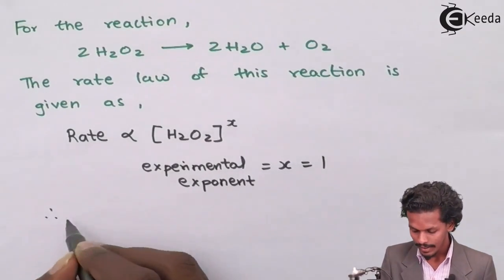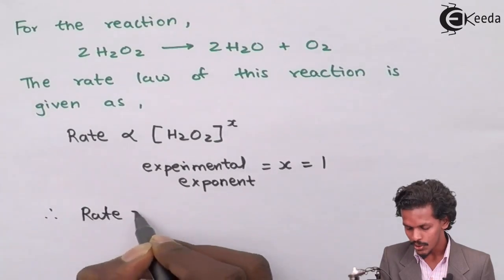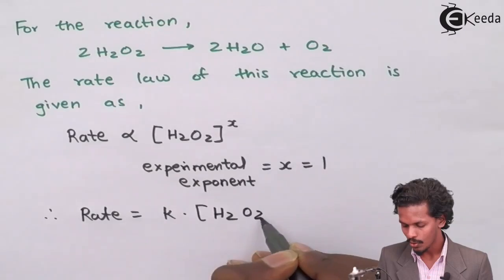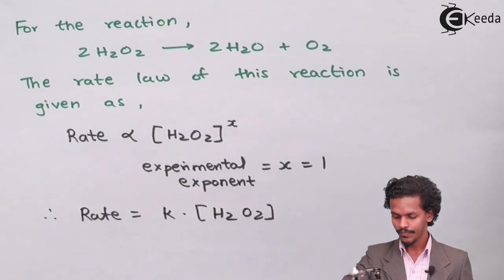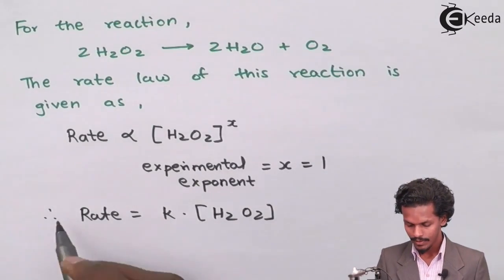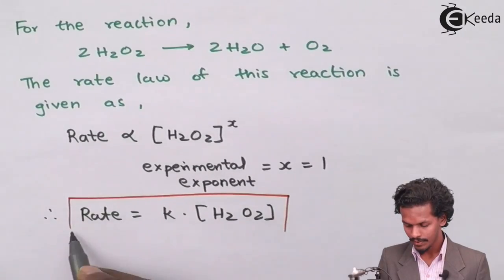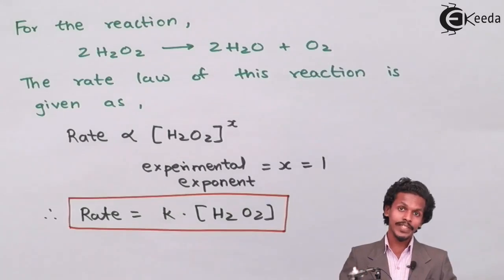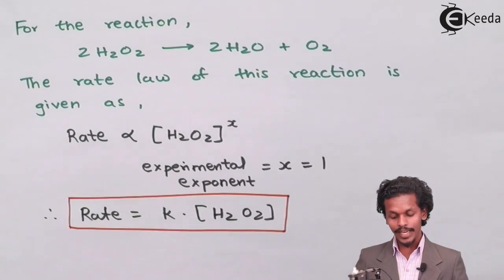Therefore, the rate is equal to k into H2O2. So in this case, you have seen that the rate is equal to k into H2O2.